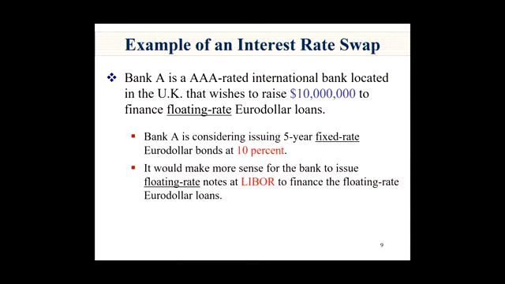So in other words, they have this obligation that they want to raise money to finance something that has a floating interest rate. Right? So do you think they would prefer a fixed rate loan or a floating rate loan? Okay, so if they want to finance a floating rate loan, the rate could go up and down.